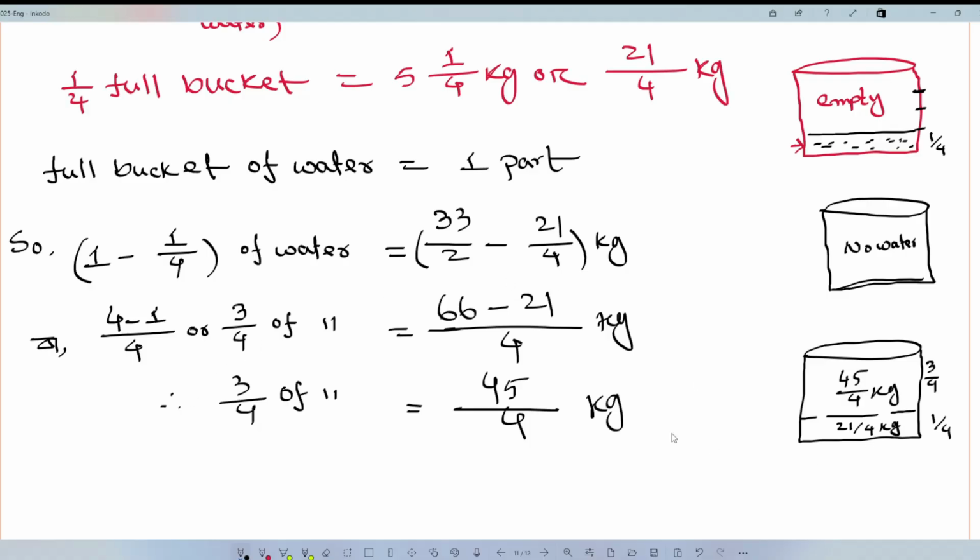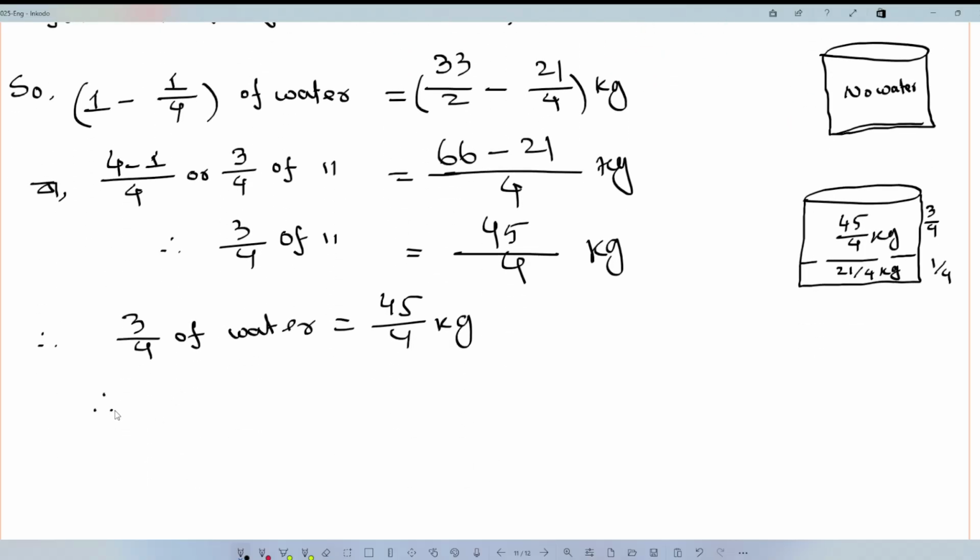So what is the weight of full bucket? So this one we can write like this. 3/4 of water equals 45/4.